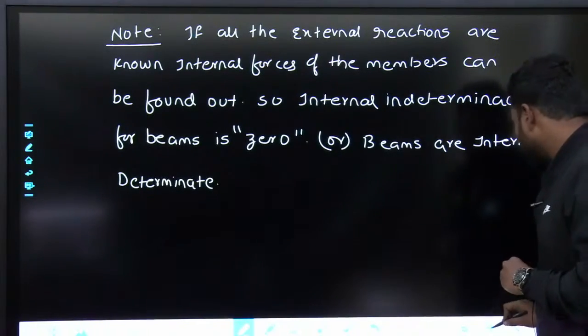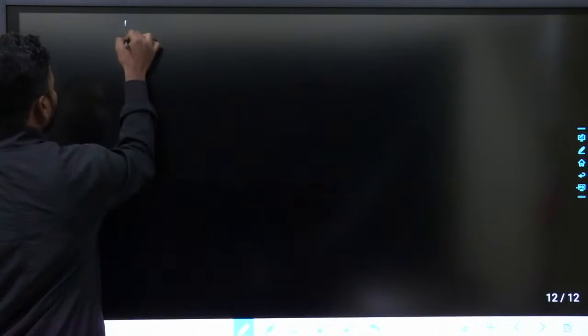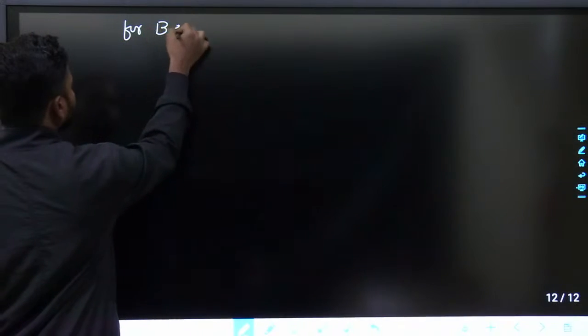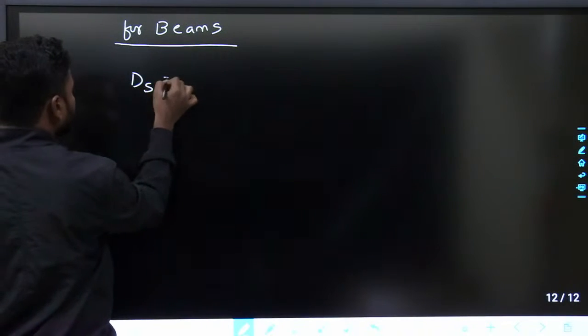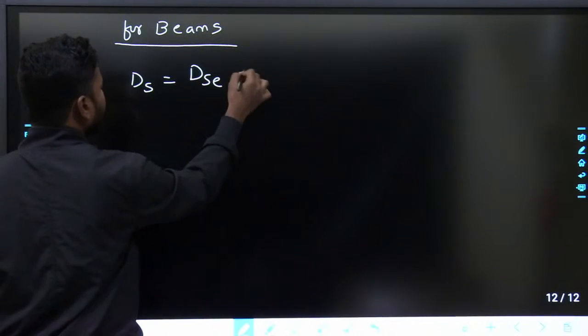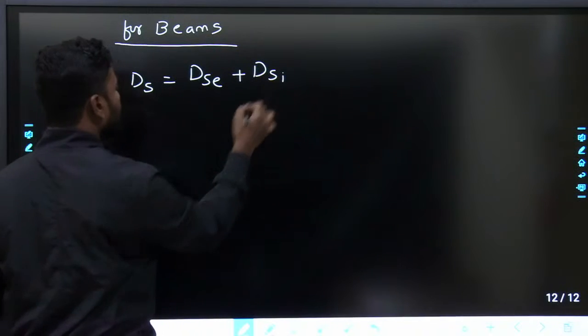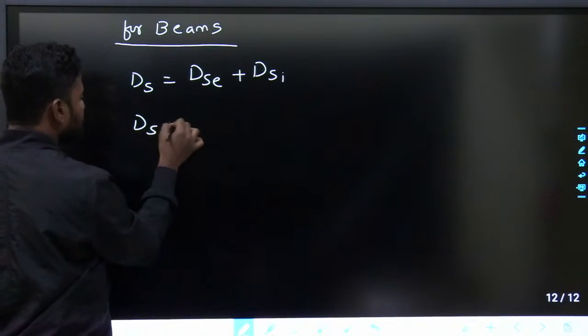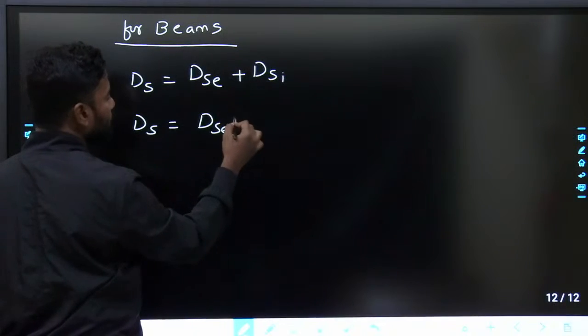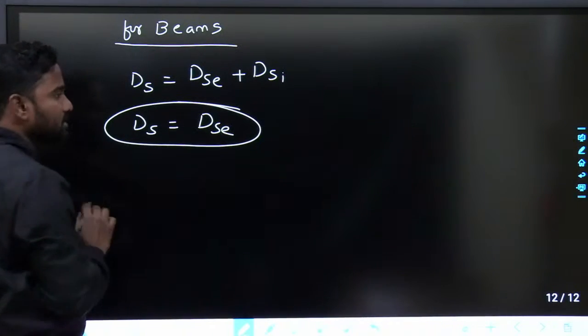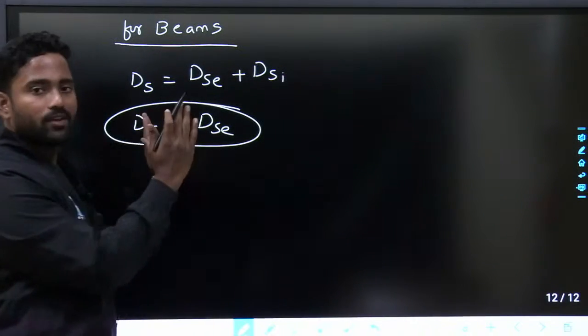And finally, if I want to calculate static indeterminacy, DS, I am talking about only beams. Static indeterminacy for beams, DS is equal to external indeterminacy plus internal indeterminacy. So generally, because this is 0, you can take DS is equal to DSE only for beams, not for the other things.